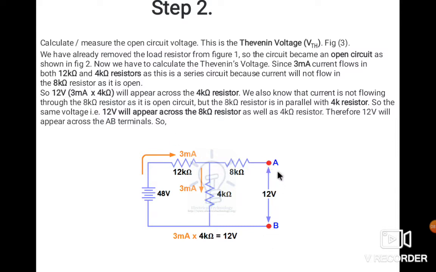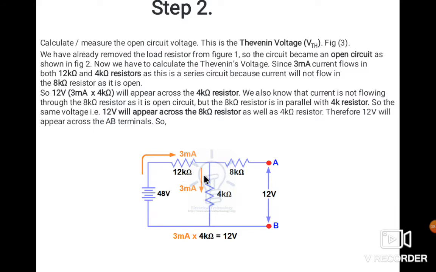Once we have opened this terminal voltage, means current will not flow in this branch. So 8 kilo ohm is worthless. So only the current is flowing in this loop.